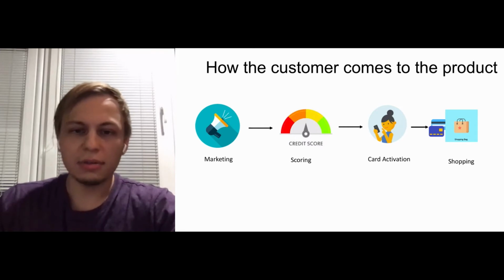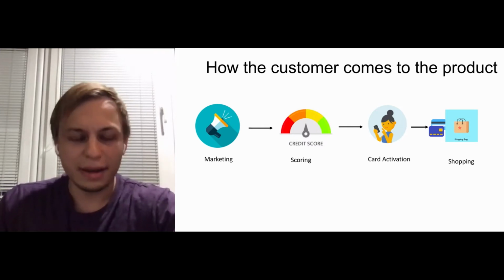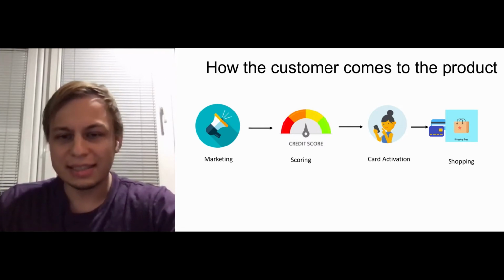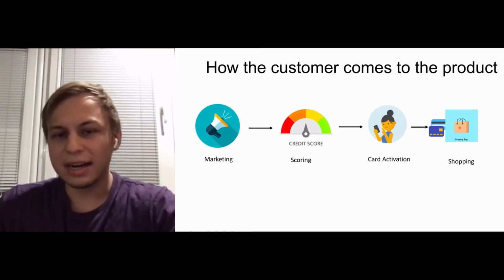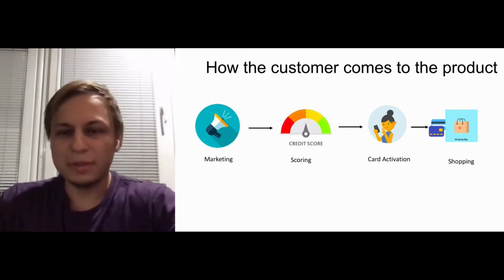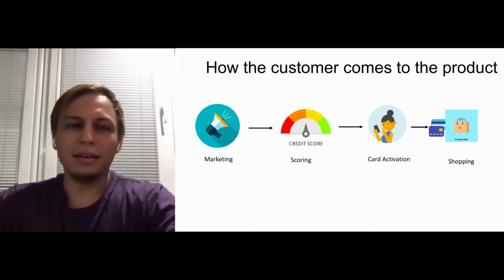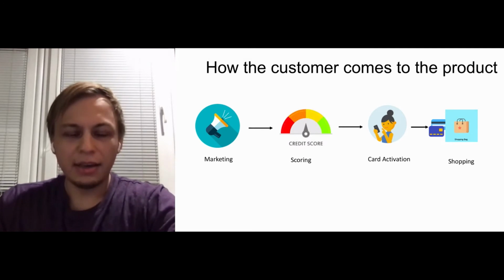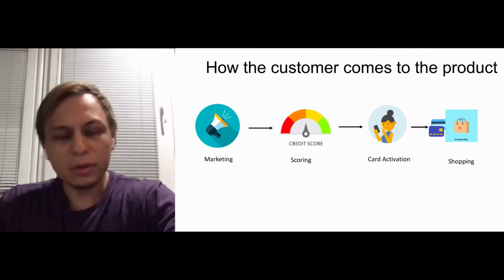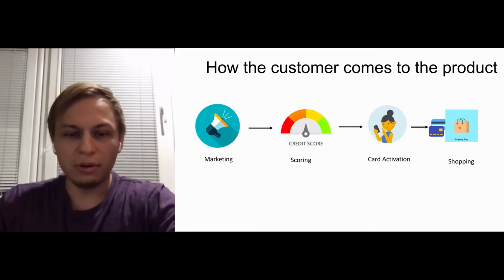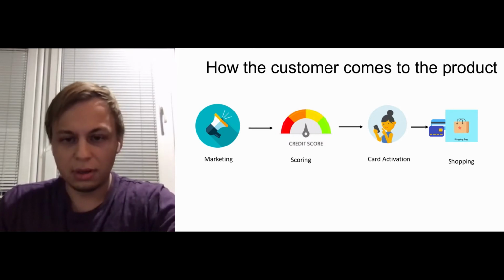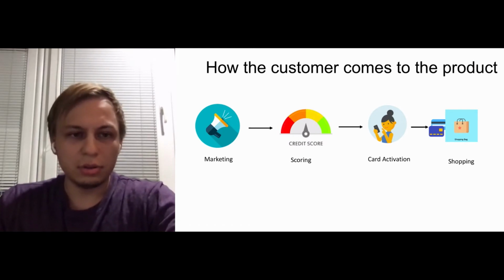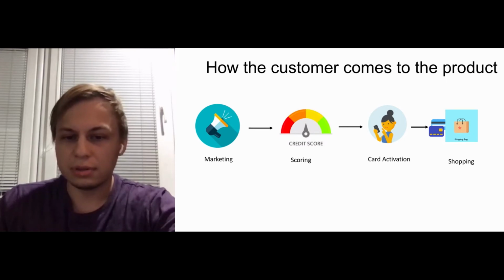Perhaps a person was thrown a card in a shopping bag, or perhaps a sales agent gave him a card at a shopping center, for example, but then the person came home and changed his mind. These clients should be either predicted and not given a card, or they should be more involved in the product. For example, we should offer them big welcome bonuses for the first transaction.